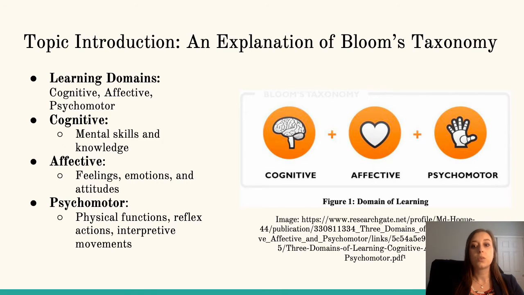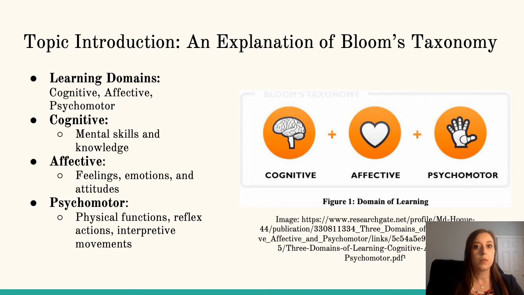Valuing, so seeing the worth of something and really being able to express that worth. Organization, so prioritizing one value over another, such as maybe prioritizing our family over our work. And characterization, so internalizing a value and then letting that value control our behavior patterns.